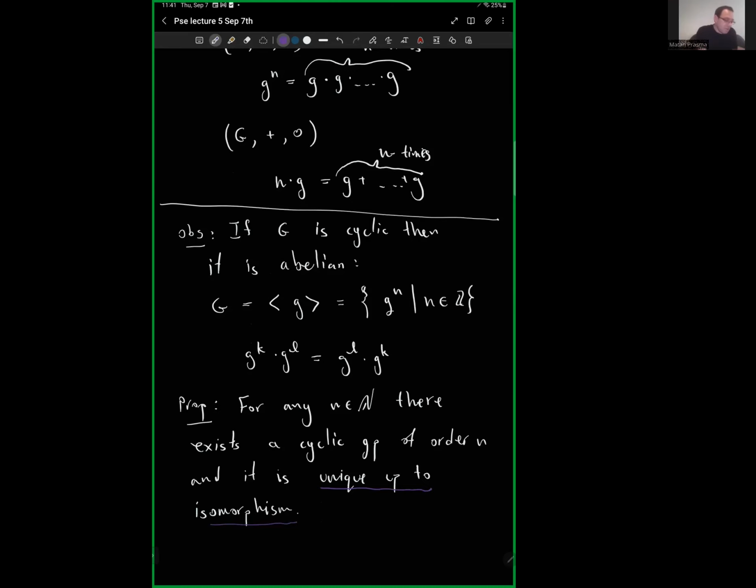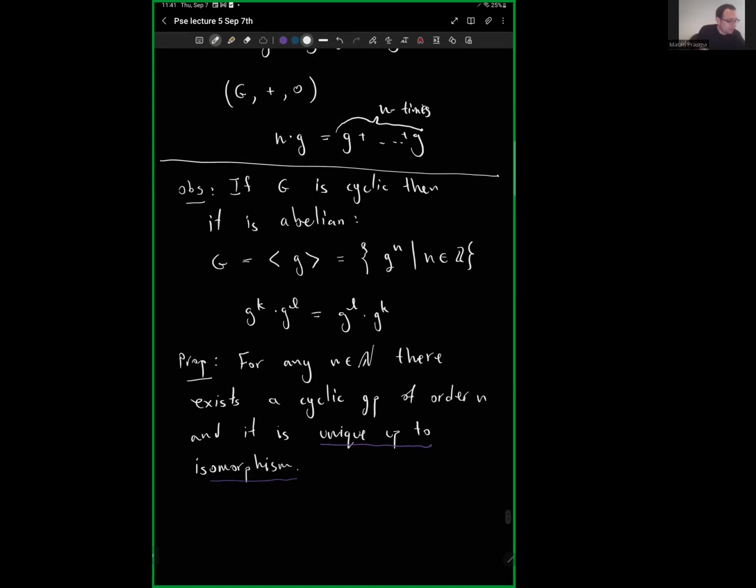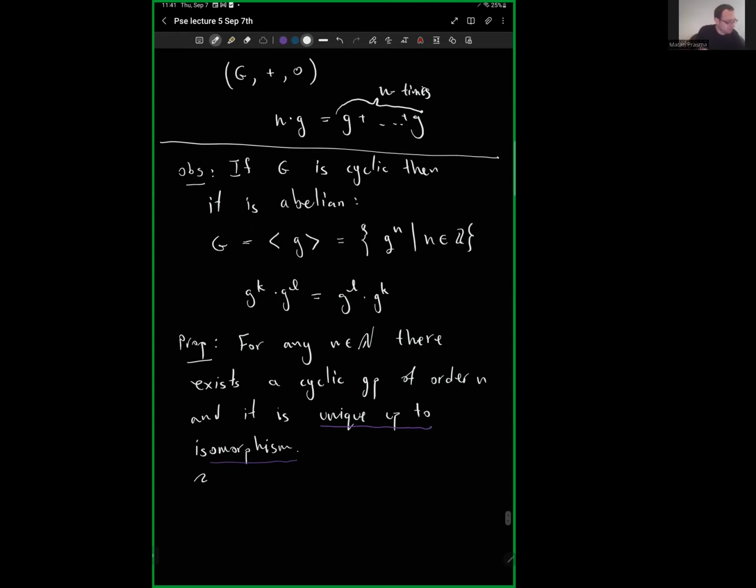But for now, the first part of the statement you should be able to prove immediately. Anybody knows why the first part of the statement is true?